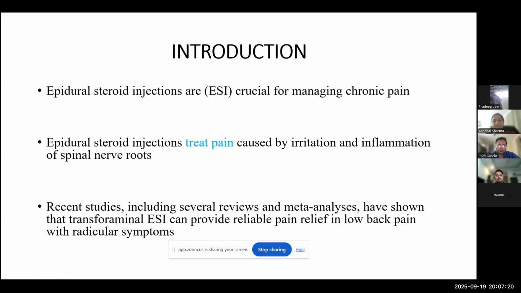Okay, so as we know, epidural steroid injections are crucial for managing chronic pain, and they help by treating pain which is caused by irritation and inflammation of the nerve roots. Recently, there have been several reviews and meta-analyses which have shown that these provide reliable pain relief in certain painful conditions.